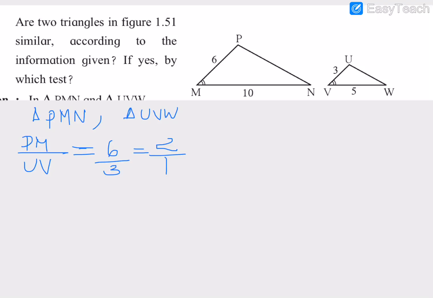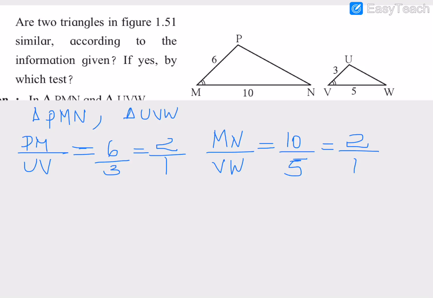Now we can go to the next side, that is MN. The corresponding side of triangle UVW is VW. So we can write MN by VW. MN is 10 and VW is 5. So 10 by 5 is 2 by 1.